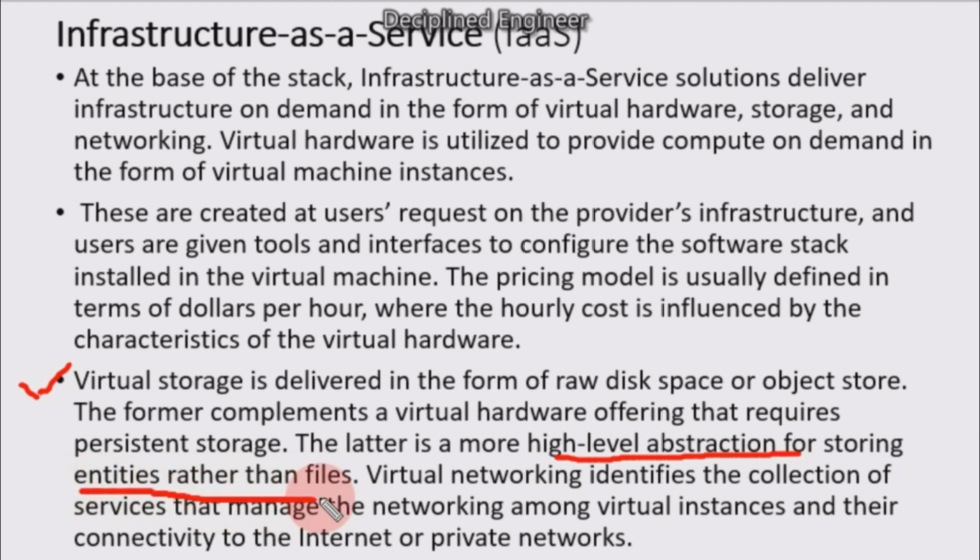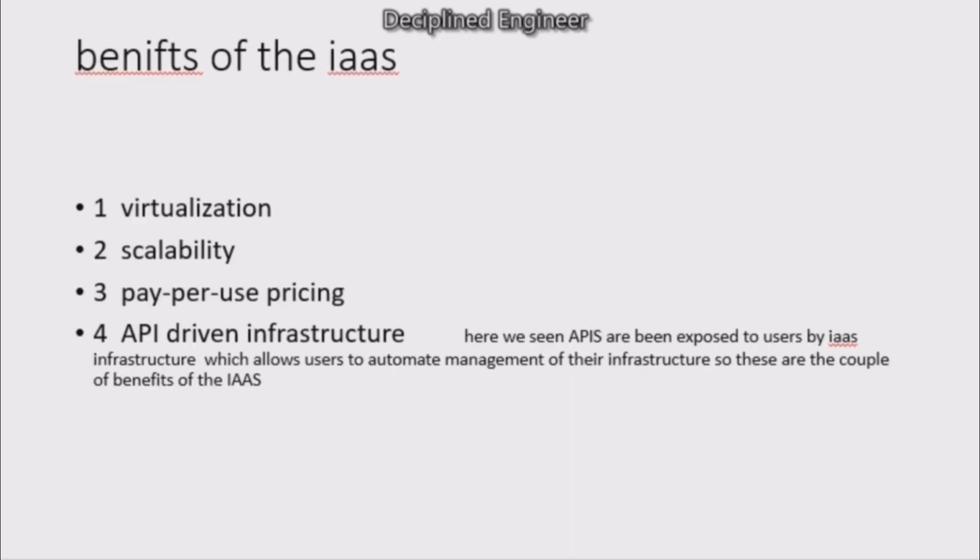All these things are managed by the service provider who is giving us the service. Virtual networking, and connection to the private network and internet, all these things are also managed by the service providers. So now let's look at the benefits of IaaS, infrastructure as a service.